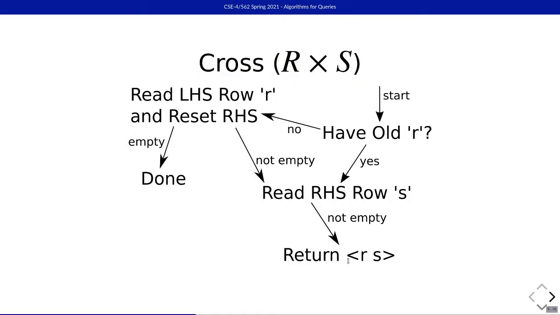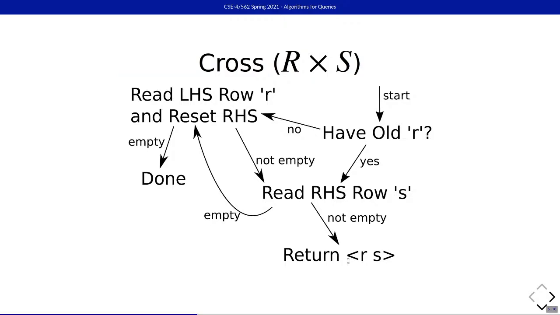Now, if it turns out that there are no more records to be read out of R, well, we're done. This is the outer loop. We've gone through the outer loop all of the times we're going to go through it, so there are no more tuples to be produced. If, on the other hand, we read the last tuple out of S, that just means we finished the inner loop.